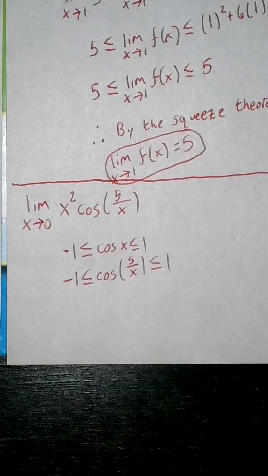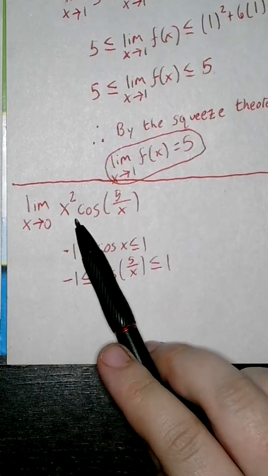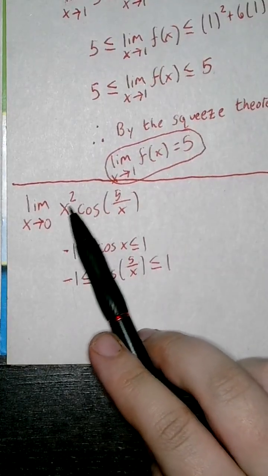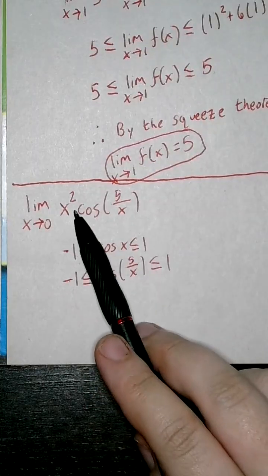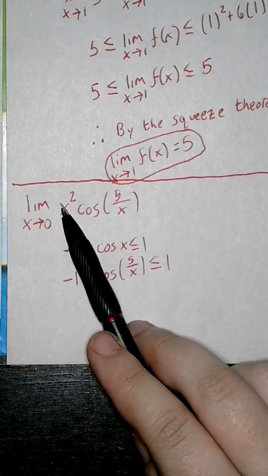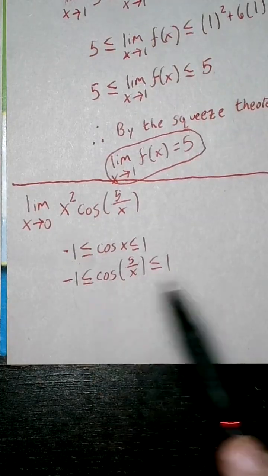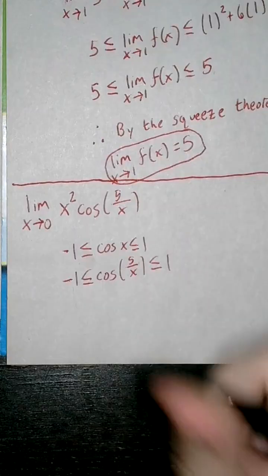That's right, I don't have to flip. Why? Because no matter what value of x I plug in here, x squared is always going to be positive, so I don't have to worry about multiplying or dividing by a negative.